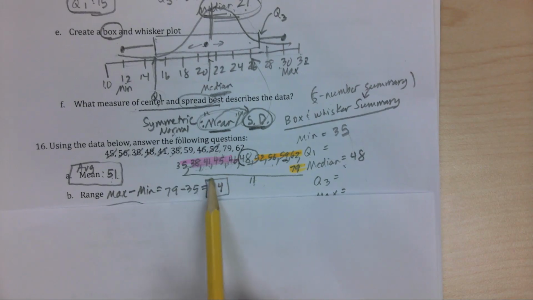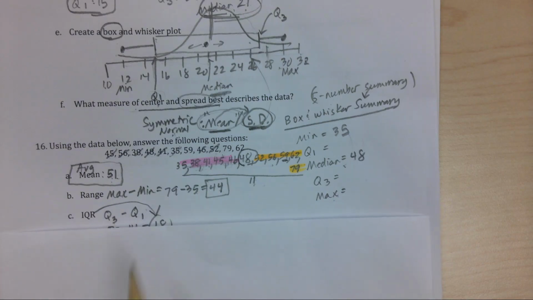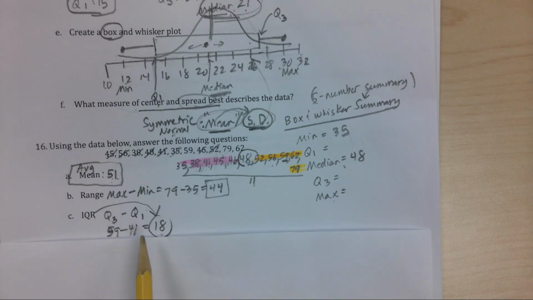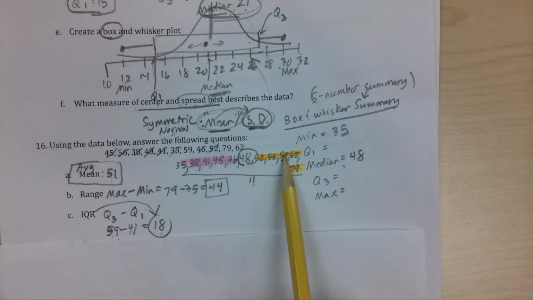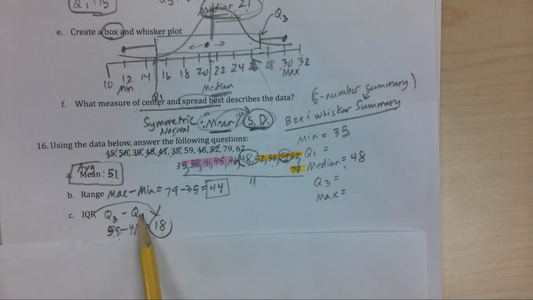Pretty easy. And now, what's the IQR? Well, that's the third quartile, which I've already found to be 59. But let's talk about that. We got 1, 2, 3, 4, 5 numbers. So the middle number of those 5 numbers is the 59. So that's the Q3. Q1, what's the middle number here?